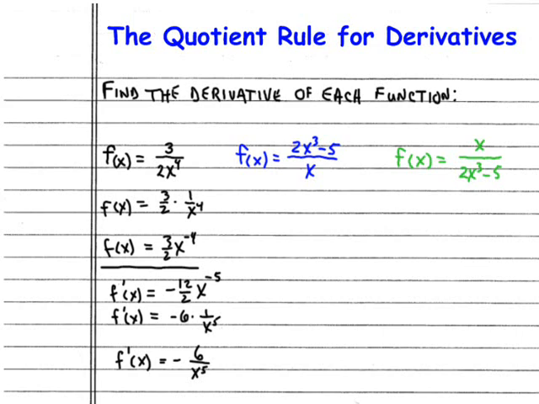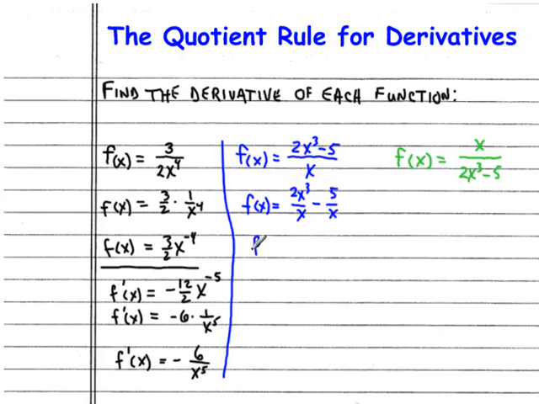Now, in our next example, I believe we could rewrite this function before we try to find the derivative. We could write f of x as 2x cubed divided by x, minus 5 divided by x.